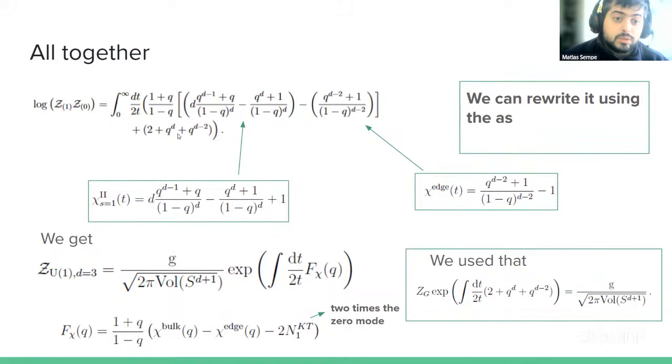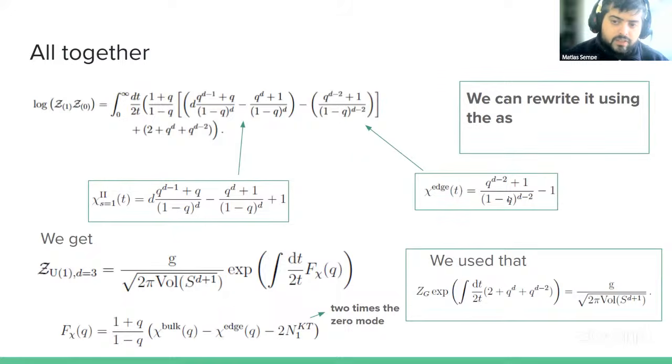And this looks very awful, but we know that we can put a character that we will call edge character, and we can put a character here that we will call bulk character. And we can write it in this way. So this can be written with the f that goes with the two contributions for each character.